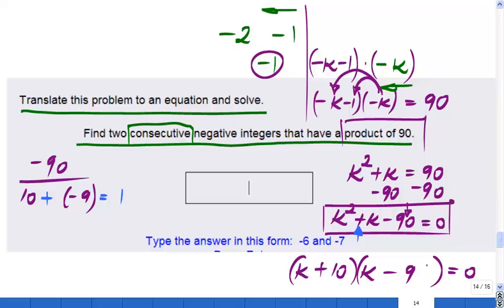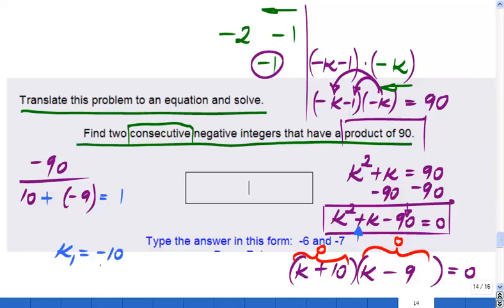Well, for this product to be 0, you have two possibilities, right? Either k plus 10 equals 0 or k minus 9 equals 0.